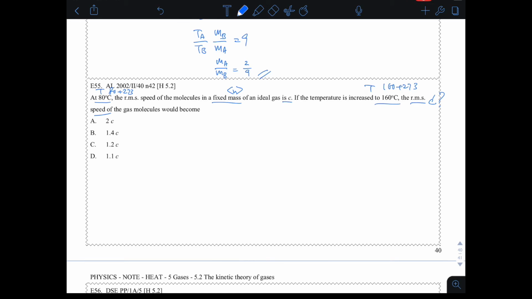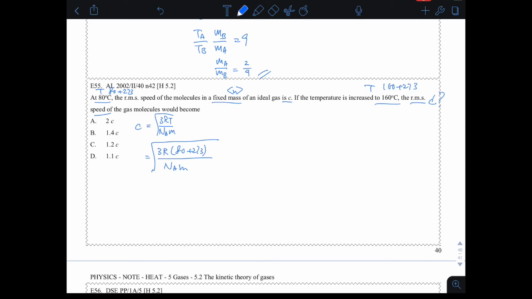Okay. Then this time again I try to use two methods to help you to fix this problem. The first method is again using the exact equation, so that we have the square root of 3RT over NaM, and then we try to put in some more numbers, which is this for temperature.